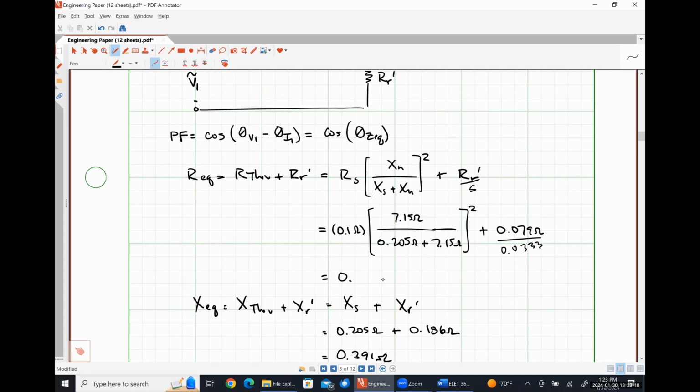All right, so 0.1 times 7.15 over the quantity 0.205 plus 7.15 squared plus 0.079 divided by our slip, 0.0333, comes out to be 2.465 ohms.